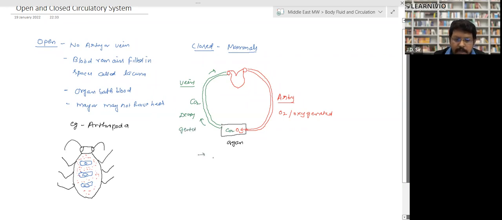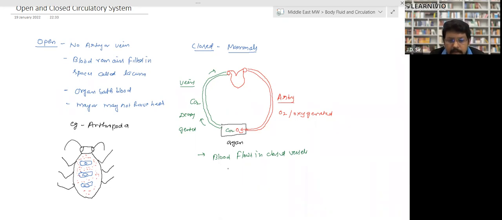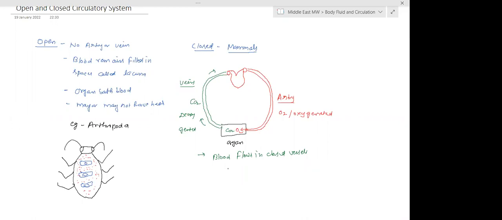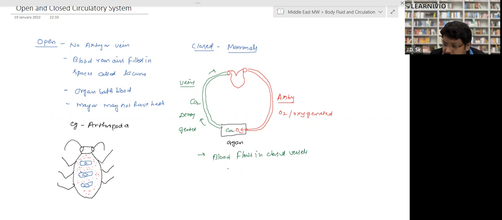So blood flows in closed vessels, right? So this is called the closed circulatory system. Example, mammals. That is the difference between open and closed circulatory system. Clear to all? Yes, sir. Note it down. Open and closed circulatory system. Then we will study the double circulatory system.